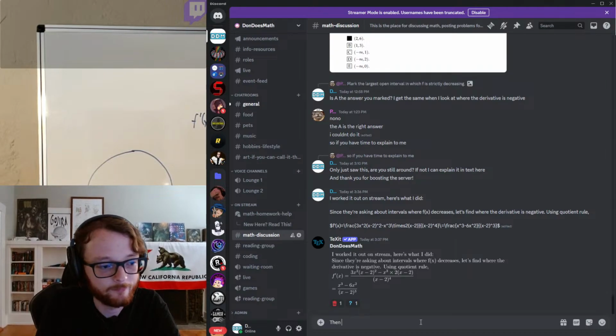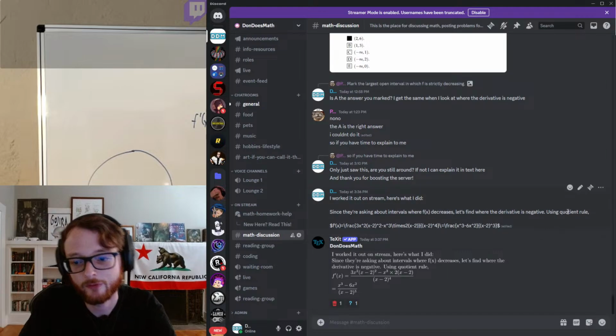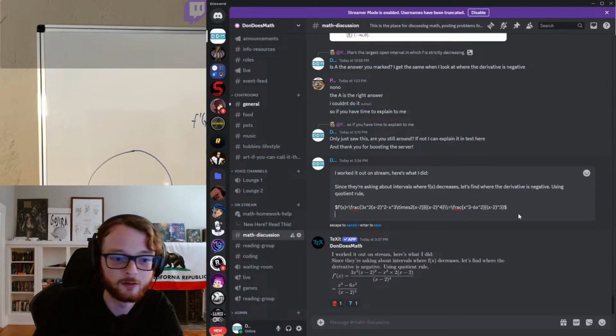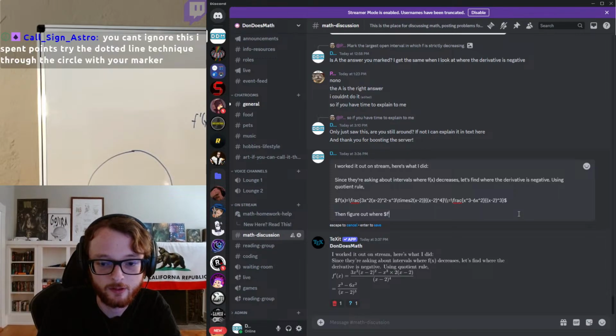Then, where f prime x, I guess I should put this all into one comment so it's all the same LaTeX block. Then figure out where f prime x is less than 0.